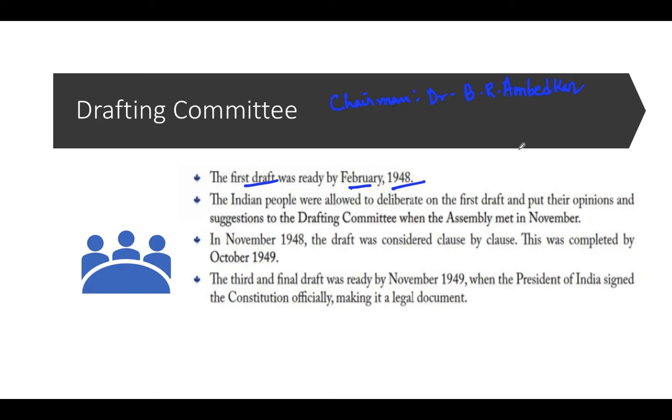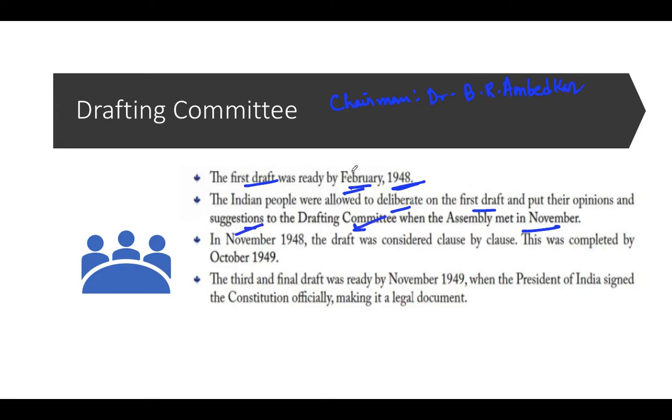The Indian people were allowed to deliberate on the first draft and put their opinions and suggestions to the drafting committee when the assembly met in November.